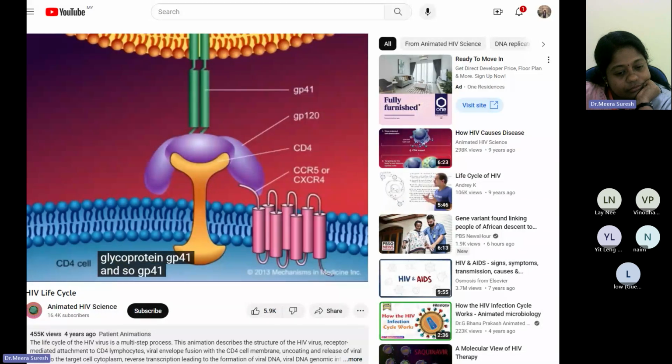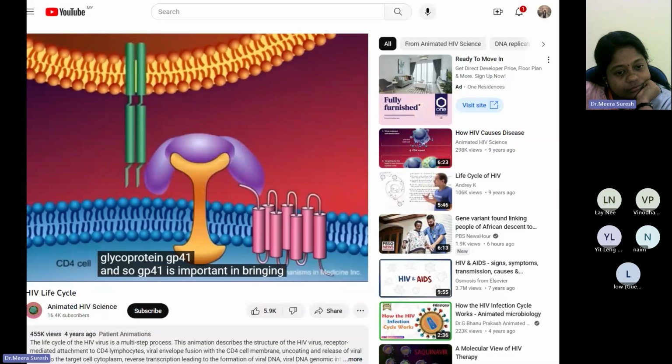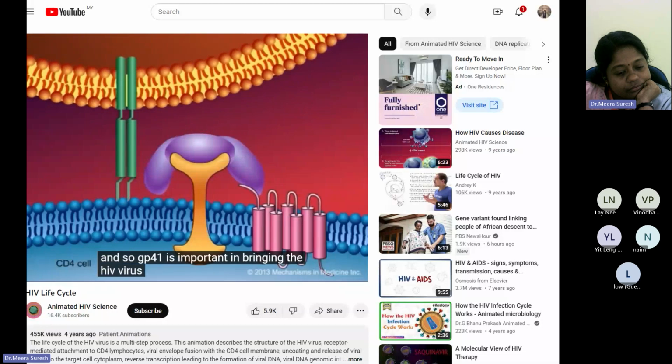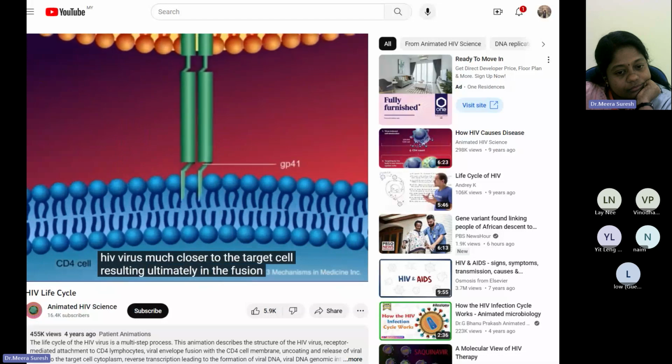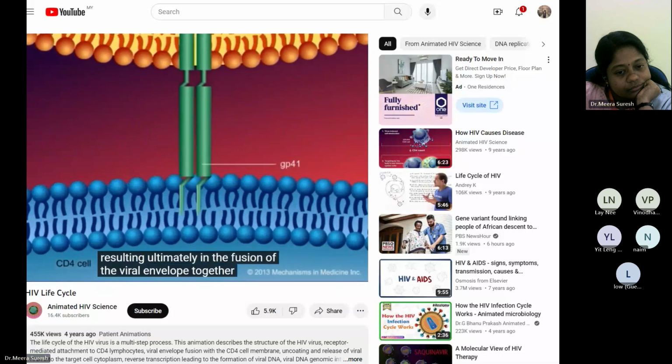And so GP41 is important in bringing the HIV virus much closer to the target cell, resulting ultimately in the fusion of the viral envelope together with the fusion of the cell membrane. And this then is essential in viral entry.